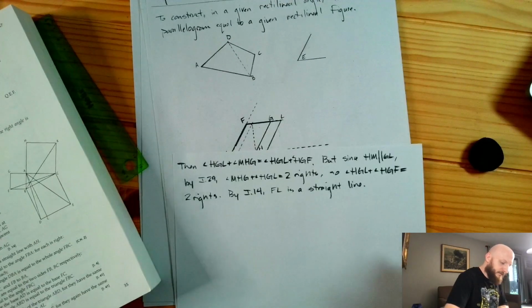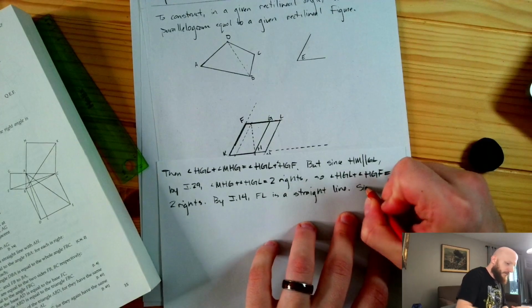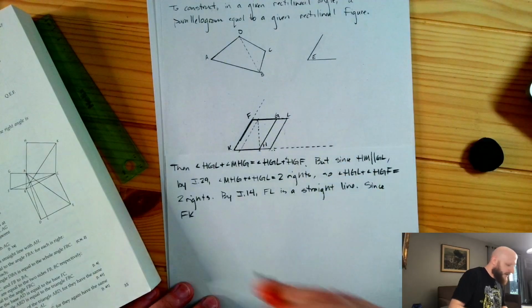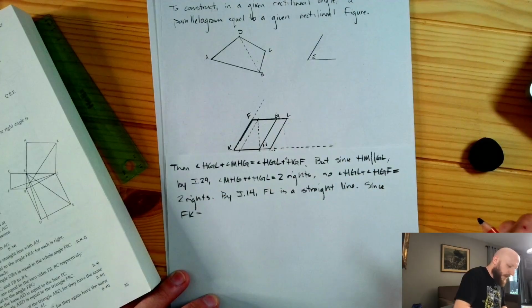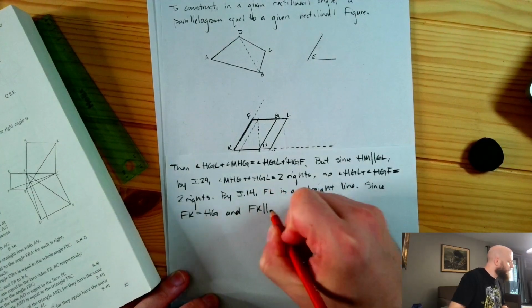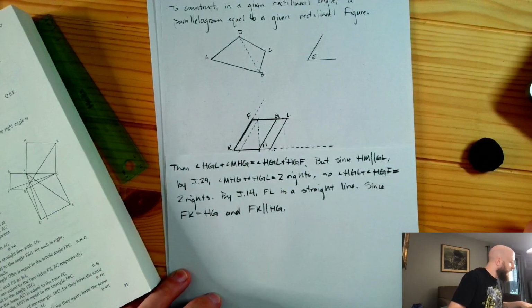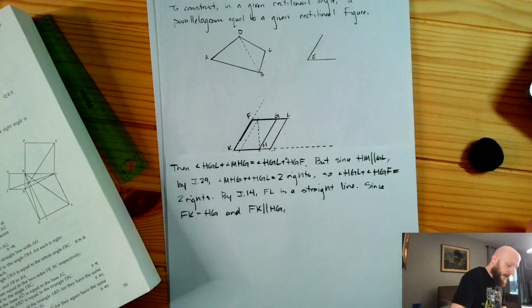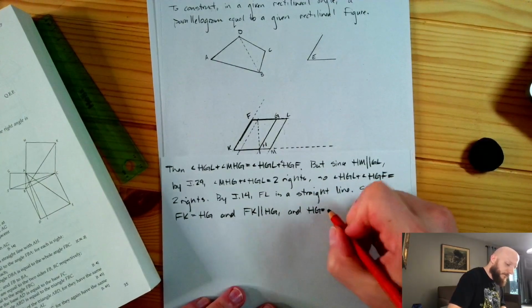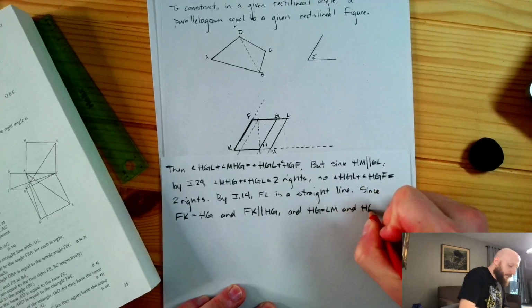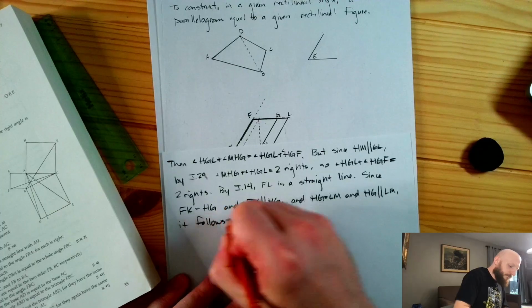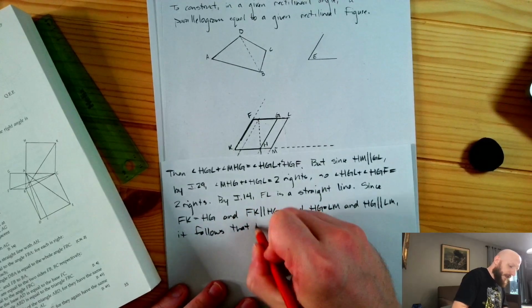We say, since FK equals HG and FK is parallel to HG, and HG is equal to LM and parallel to it, it follows that FK equals LM and is parallel to it.